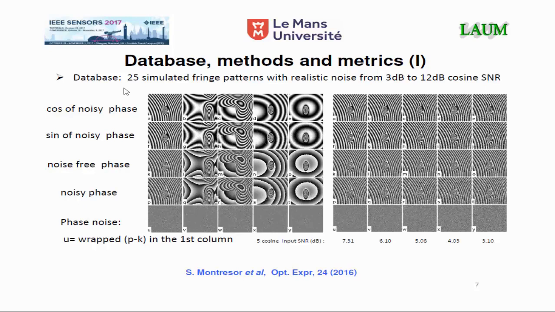In the database, considering the cosine of the noisy phase, the signal-to-noise ratio varies from 3.1 to 12 dB.